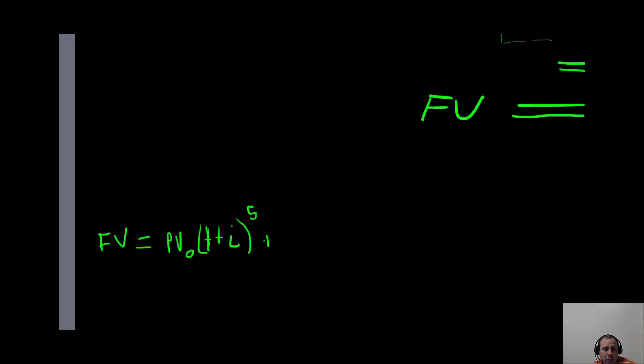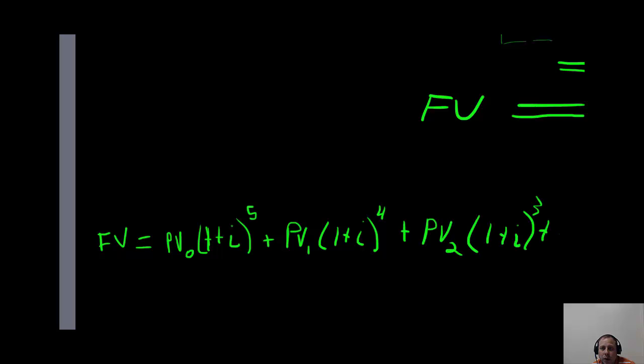You do it to the 5th plus the second present value, which is time period sub 1, times 1 plus I to the 4th, plus the next one, present value time period 2, 1 plus I to the 3rd, plus, and so on, until we get to the final one, which in our case is PV5, present value in series of 5, 1 plus I to the 0.